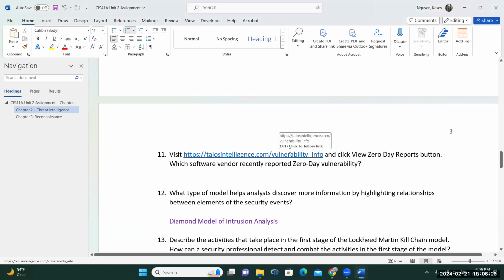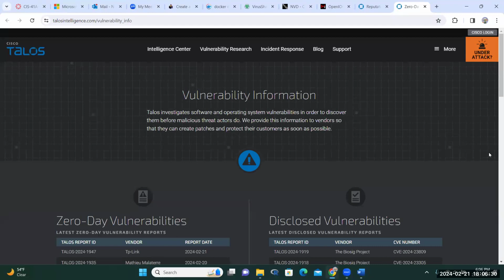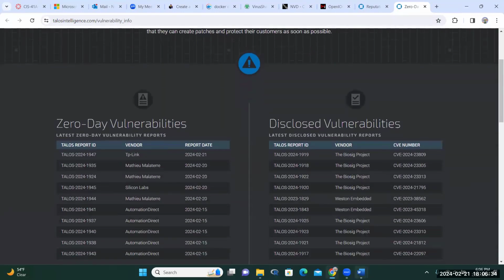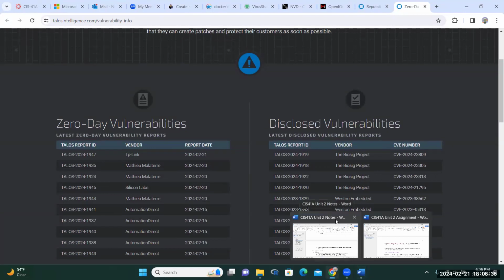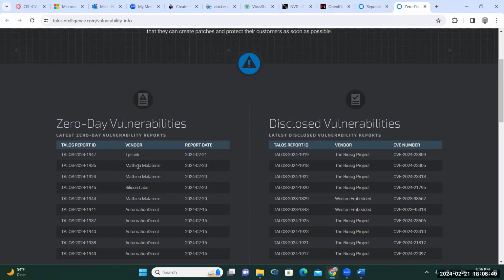So next we can take a look at the vulnerability information from Talos Intelligence. And then there are your zero days, tons. An attacker can research a particular type of zero day and then capitalize on it.